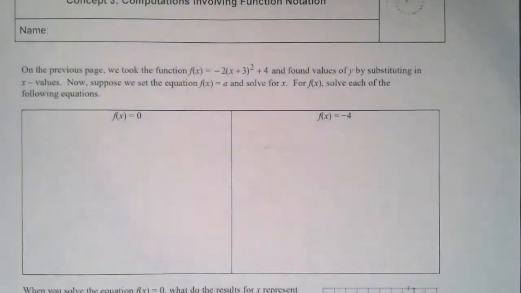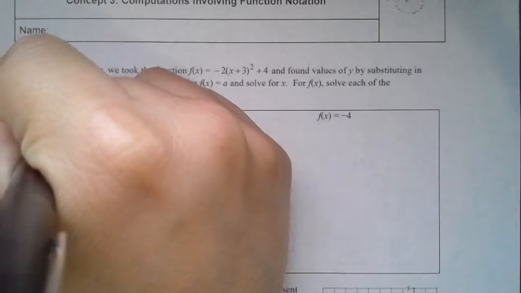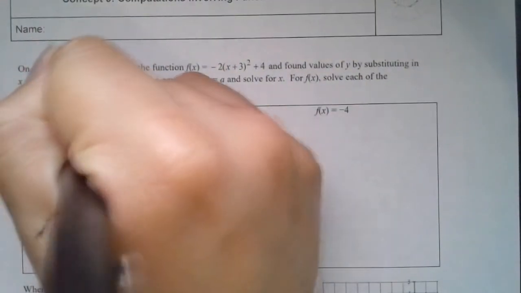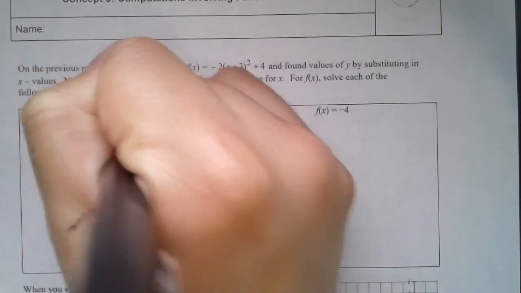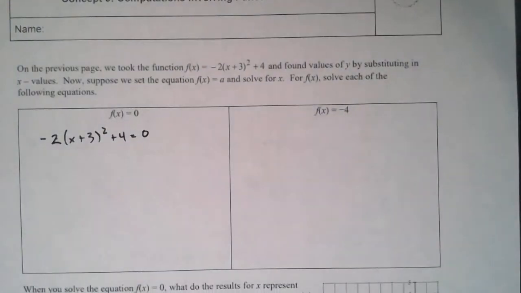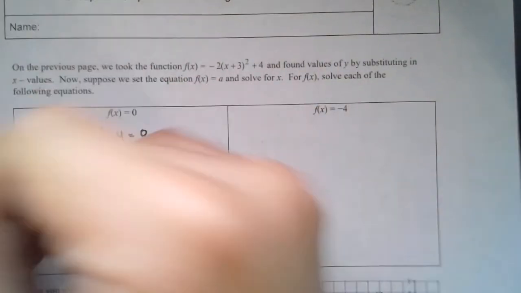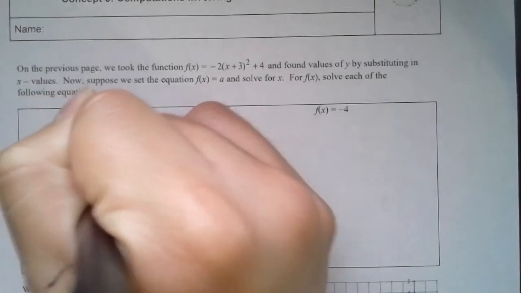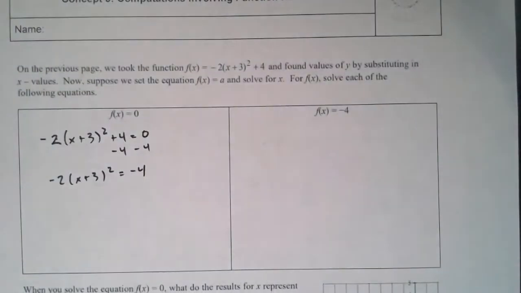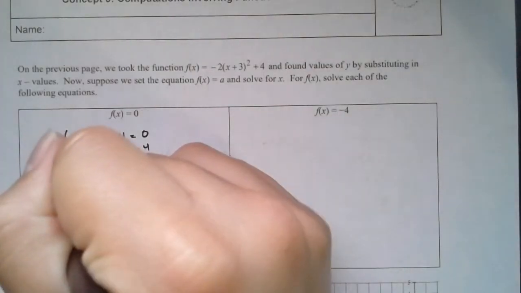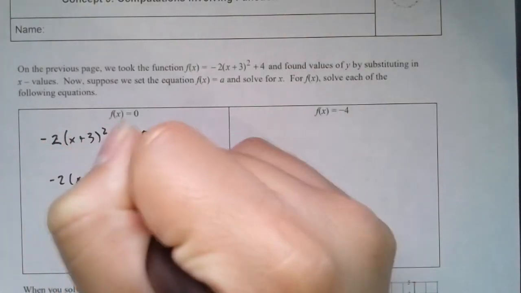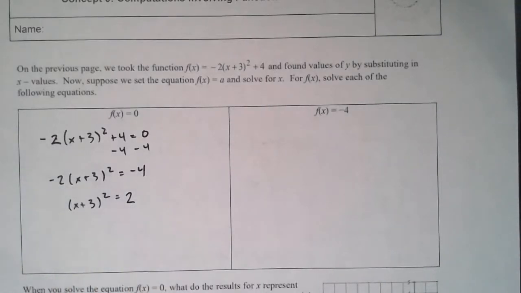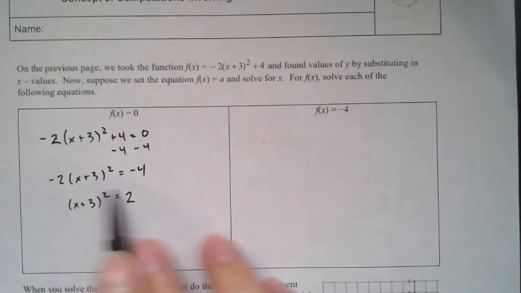So you have -2 times (x plus 3) squared plus 4 is equal to 0. I just solve. Subtract 4 from both sides. I get -2 times (x plus 3) squared is equal to -4. I divide by -2, so I get (x plus 3) squared is equal to 2, because I divided by a negative, and then take the square root.